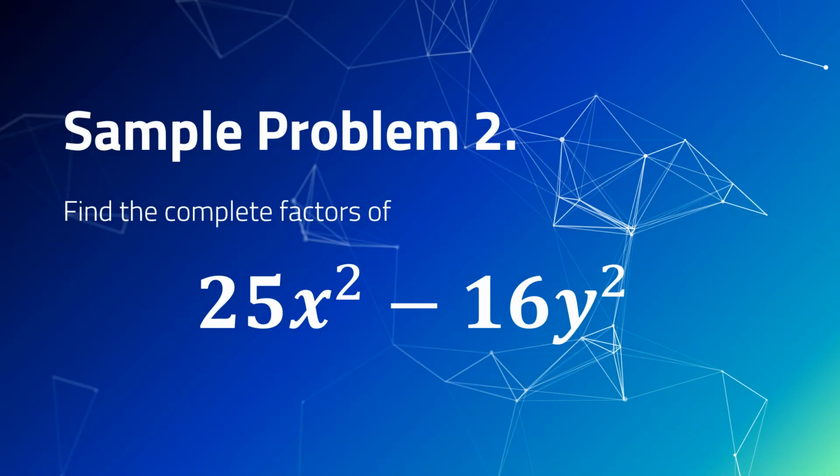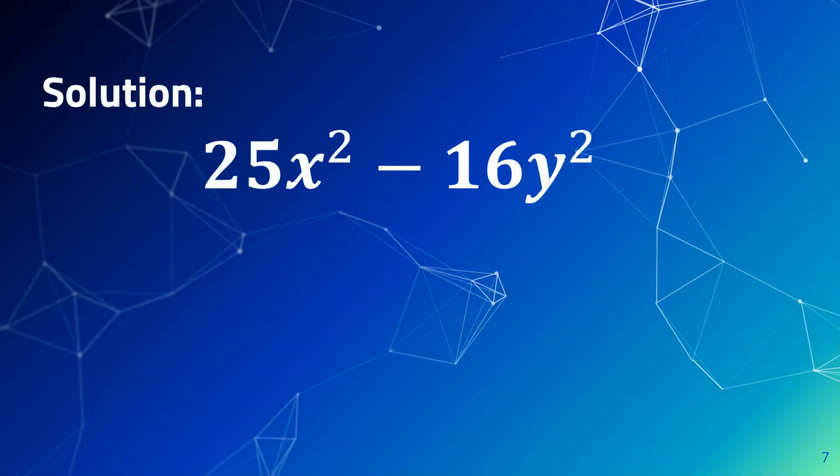Sample problem number 2. Find the complete factors of 25x squared minus 16y squared. Again, get the square root of the first term, 25x squared. The principal root of that is 5x.